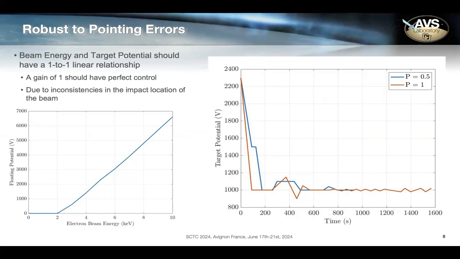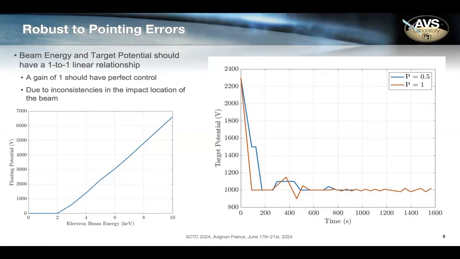So with the floating potential, you can see that there is a linear relationship, but the slope is not 1. And then with the control that we applied, with a gain of 1, you can see that we initially start out at 2300 volts. And in the first step, we achieved that 100 volt goal potential. So in this case, the beam energy was decreased 1300 volts, and we converged to the desired solution.